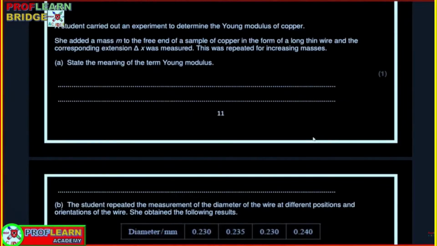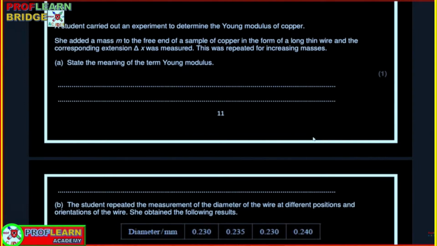In question number 7, a student carries out an experiment to determine Young's modulus of copper. She added a mass M to the free end of a sample of copper in the form of a long, thin wire, and the corresponding extension delta X was measured.